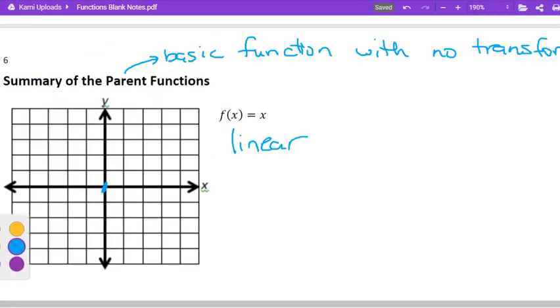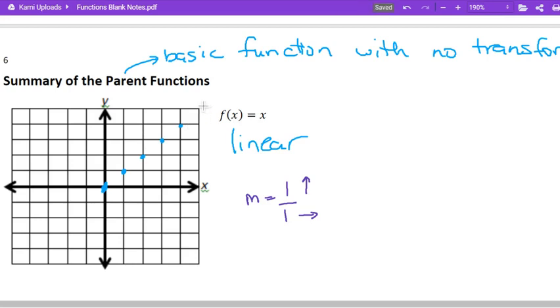If the slope is 1, that means it's 1 over 1. That means we go up 1, across 1. So if my x-intercept is here, I go up 1, across 1 to get the next dot. Up 1, across 1, up 1, across 1.